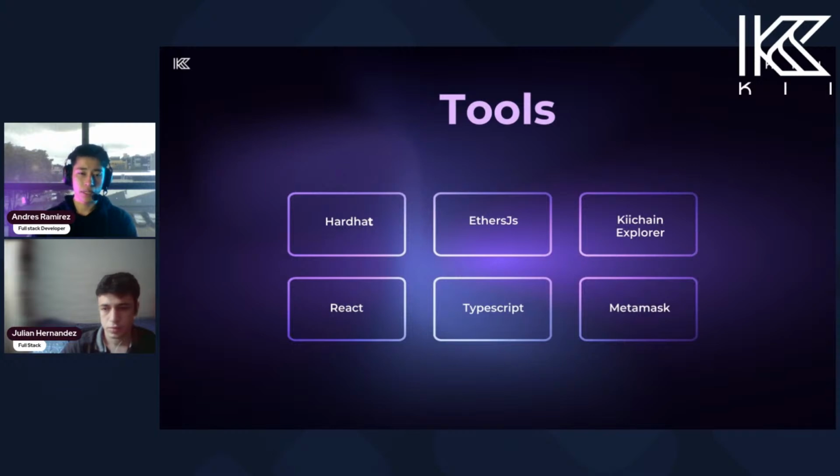The KiiChain Explorer is our explorer that we can use to check the process, the transactions, the movements that we are doing on KiiChain. We can check wallets, the contract address, the transaction hashes, those things that we need to check to see if the process is completely done or any other thing.